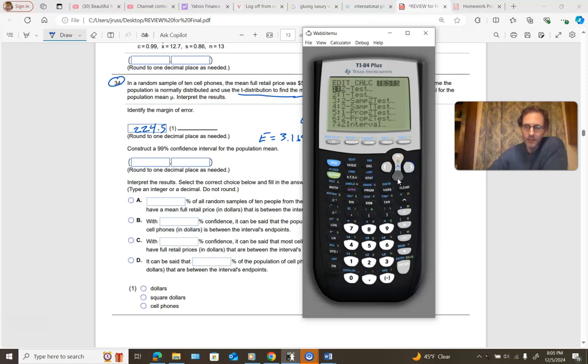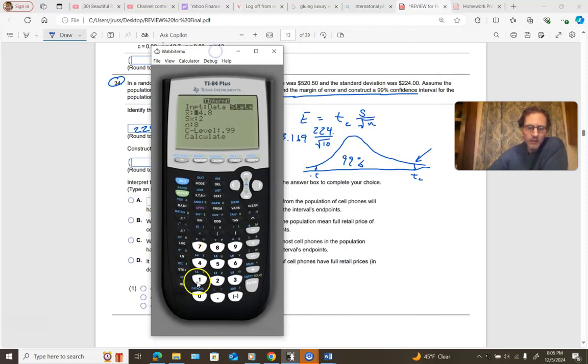So I'll do that for you again real quick. Sample mean is 520.5. Sample standard deviation is $224. Size of the sample is 10.